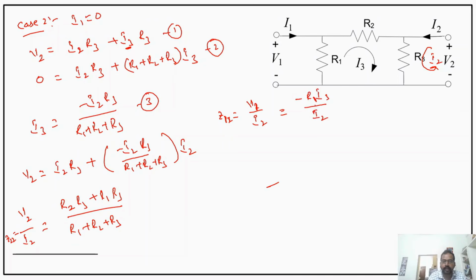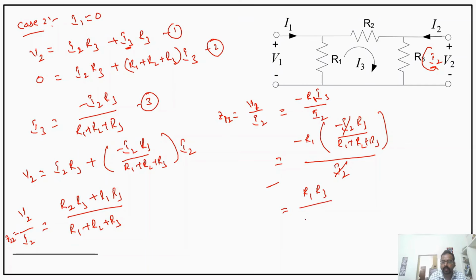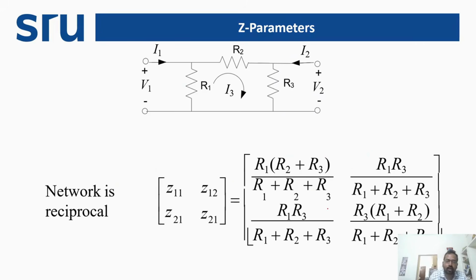Now let us substitute I3 over here. Minus R1 into minus I2 R3 divided by R1 plus R2 plus R3 divided by I2. So my I2 gets cancelled. So we get R1 R3 divided by R1 plus R2 plus R3. These are the same parameters which we got in the previous methods. So in this way, we can apply the Z parameters using our third method.